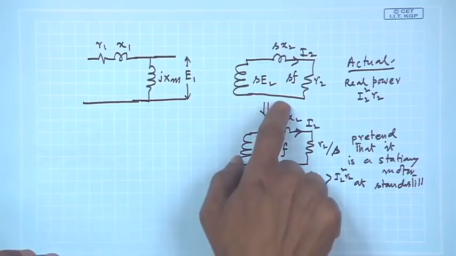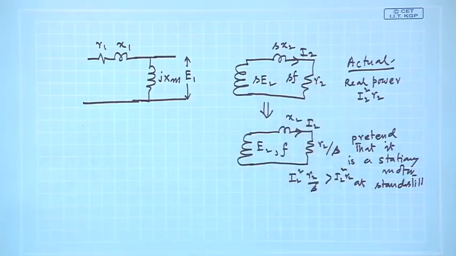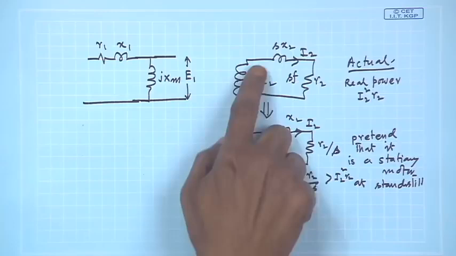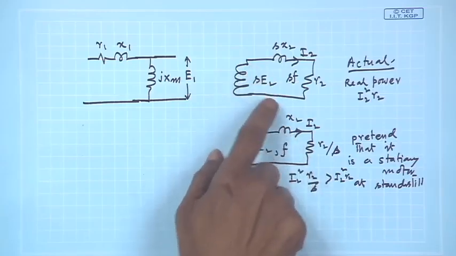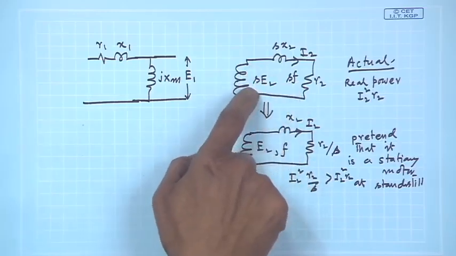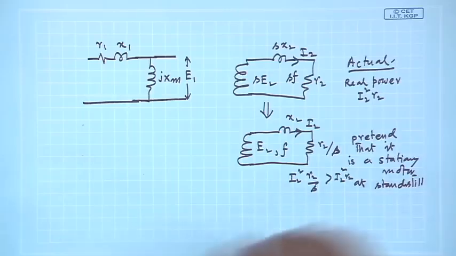So, I2 square R2 will be the copper loss in the rotor resistance, no doubt. But in this case, when it is running with a slippage, that means there is an opposing torque also.